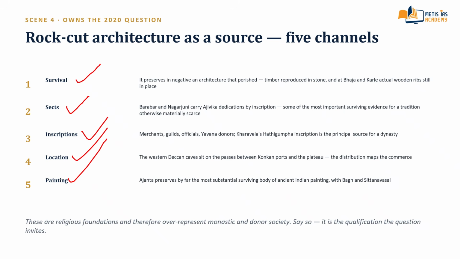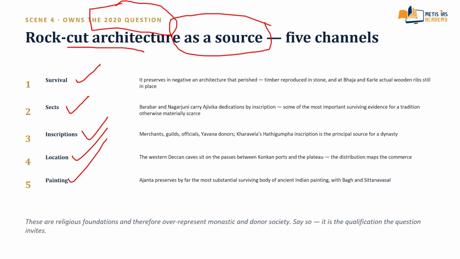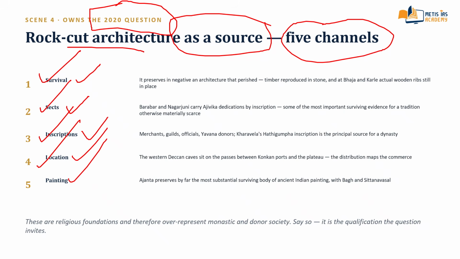So for this question, the 2020 question, rock cut architecture as a source, we have taken five channels as source. First survival, then sects, then inscriptions, then locations, and painting. We conclude with the monastic donor society, the qualification the question invites.